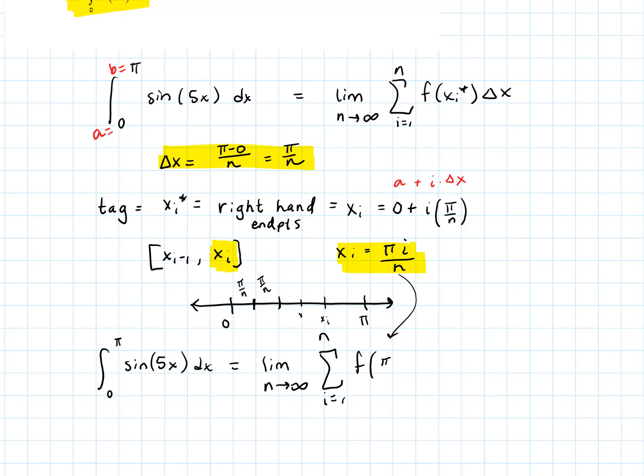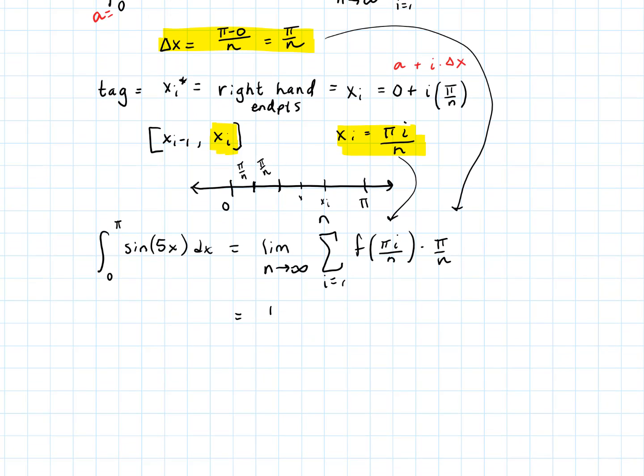So that's going to be pi i over n times our delta x, and our delta x is pi over n. And so this is going to be the limit as n goes to infinity of the sum from i equals 1 to n of the sine of 5 pi i over n, because I'm plugging in my x sub i, my tag, times pi over n.